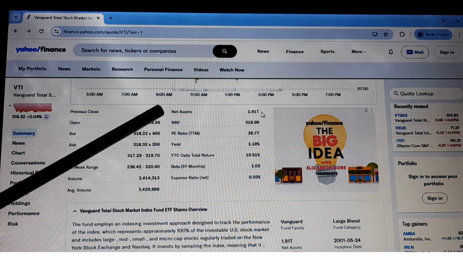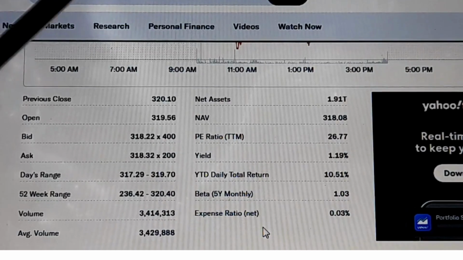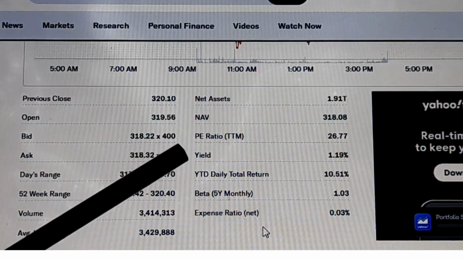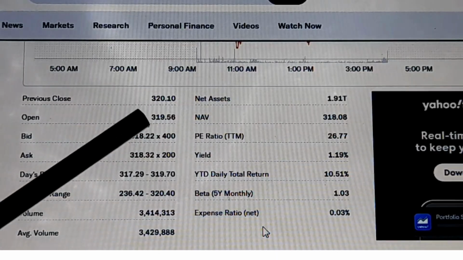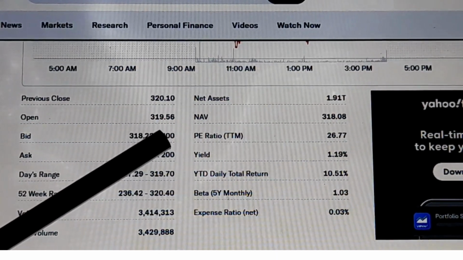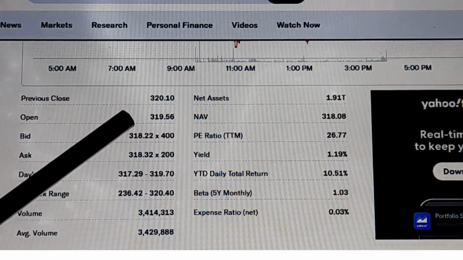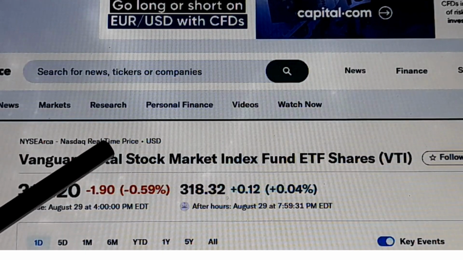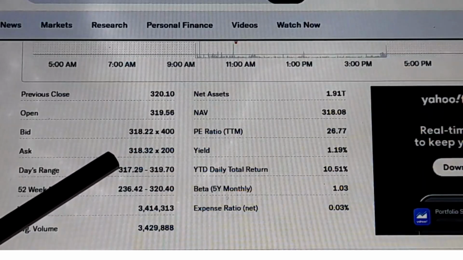Okay, and you can also use it to compare with others in the same category. Then we have, for instance, right now, the net asset value you see is 318.08, but it has opened at, the market is opened, it's 319.56. You'll see here, up here, real-time price, what they are showing.